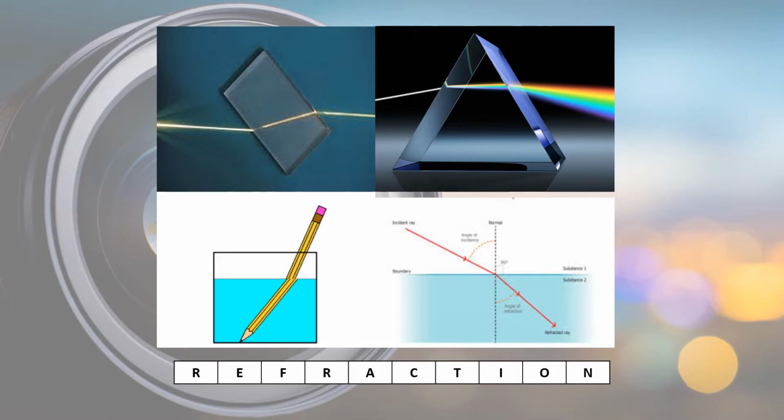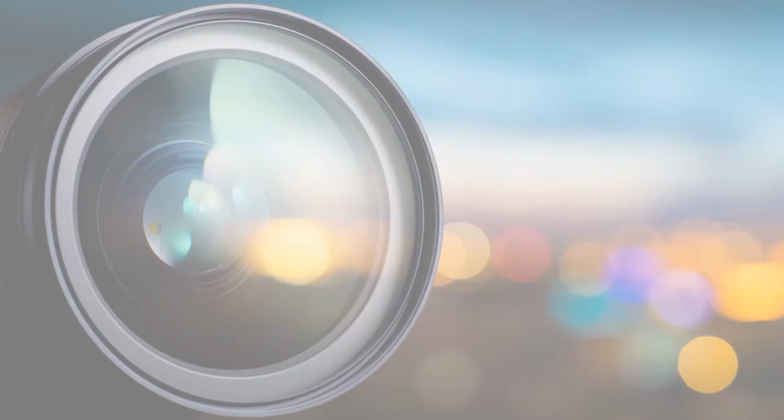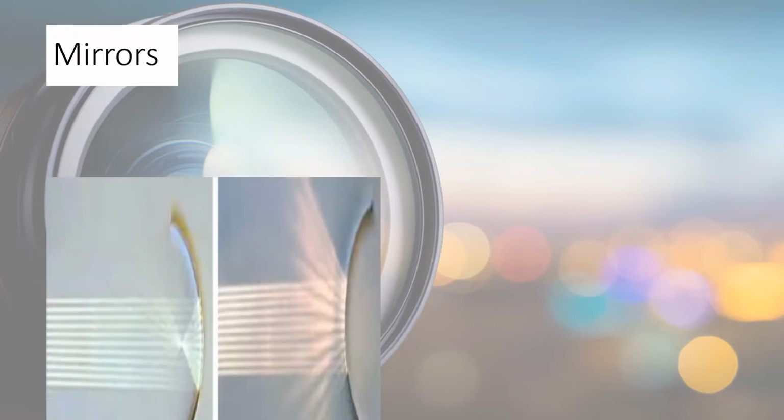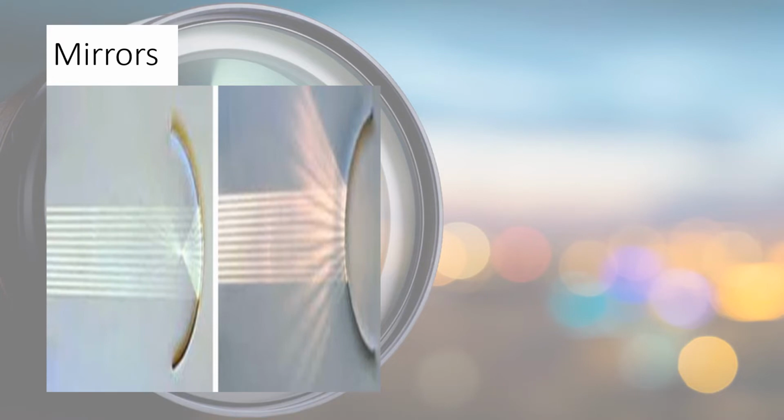These terms are important in discussing the similarities and differences between mirrors and lenses. But how are lenses different from mirrors? Mirrors reflect light. There are two types of curved mirror, concave and convex.